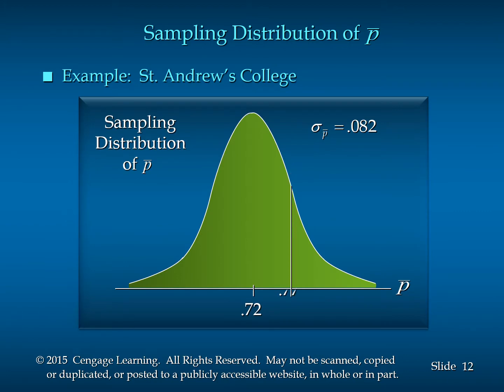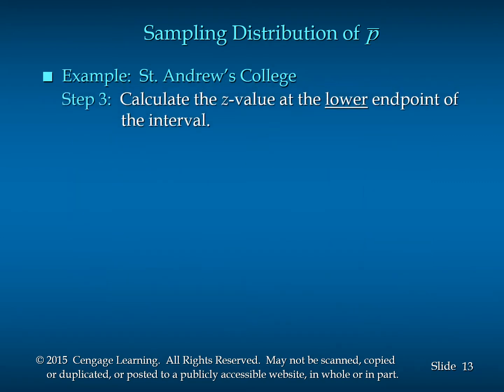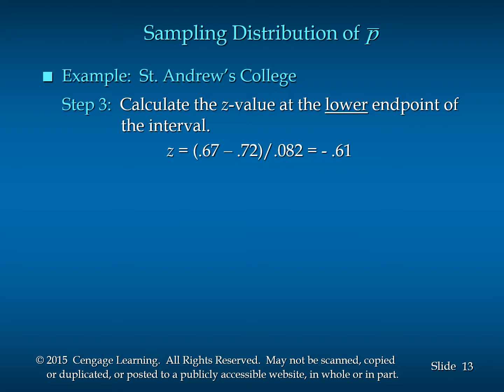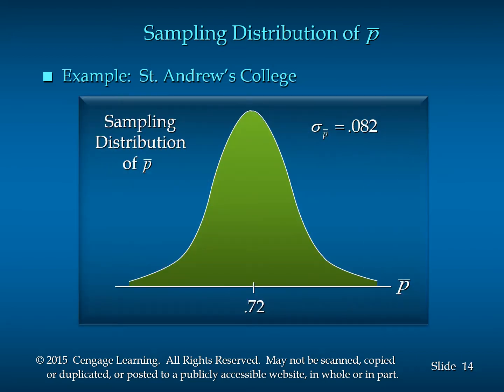And that's shown in this sketch of the normal curve. We repeat the same process for the lower limit of 0.67. Find the z value, find the probability to the left of that z value. Again, shown in this sketch.